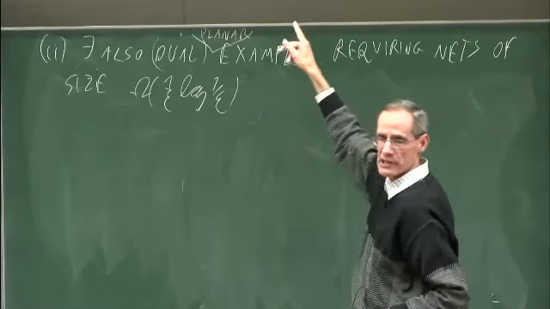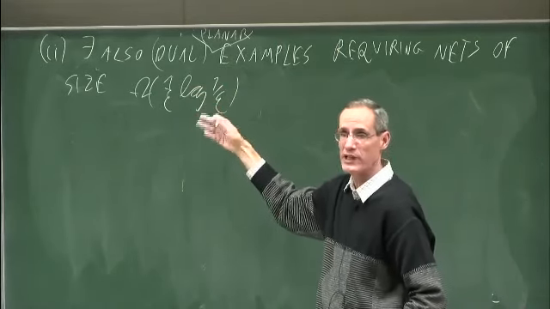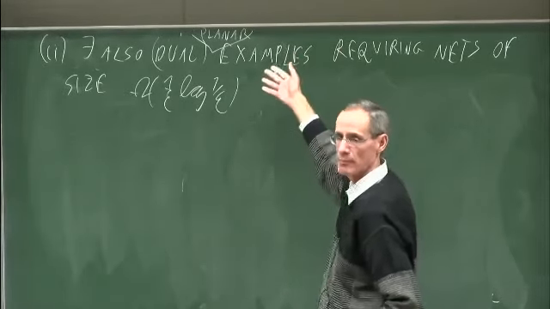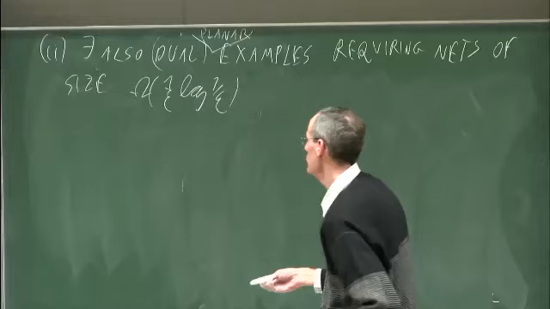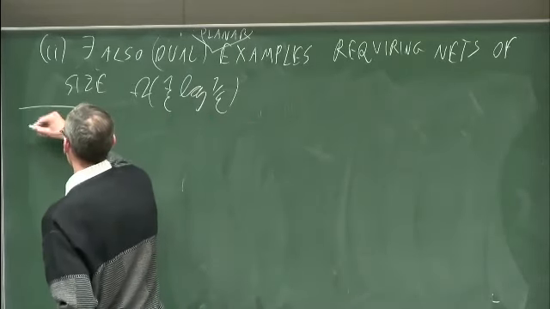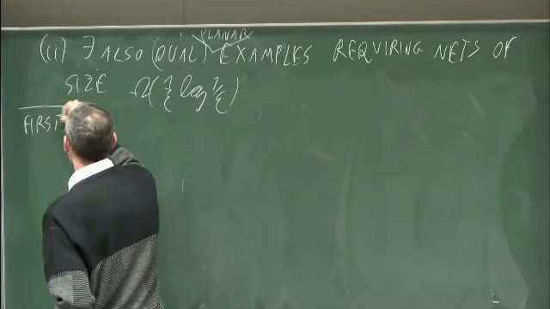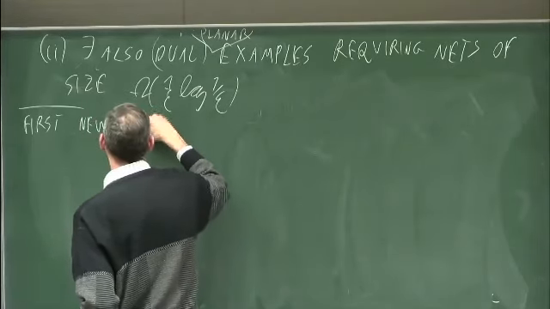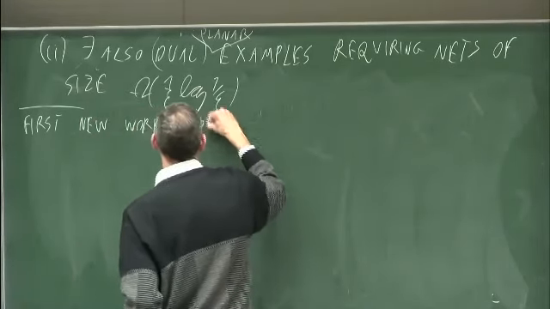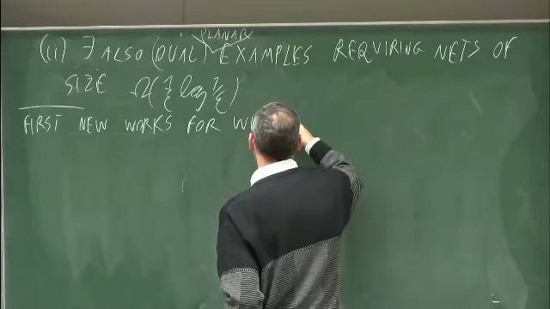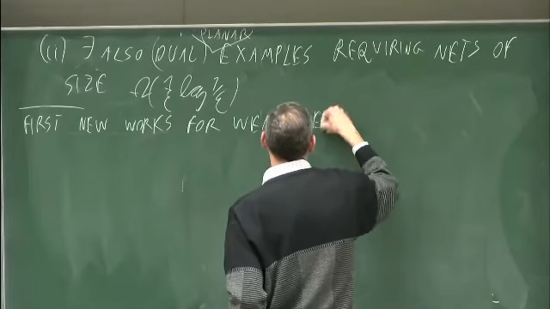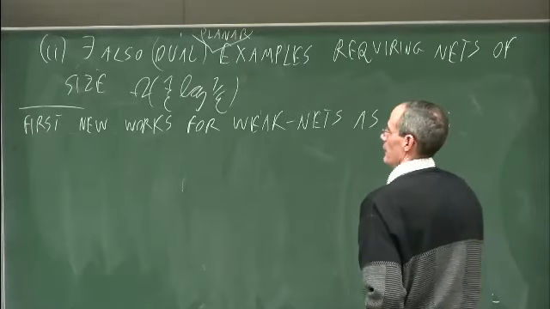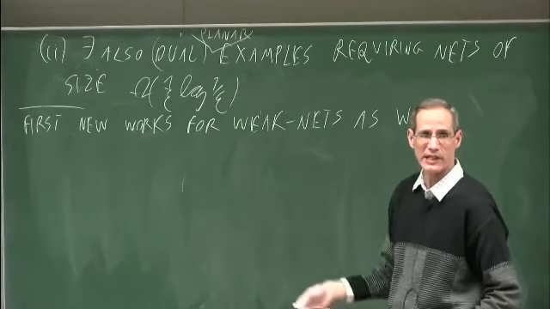The advantage of the first proof is that it works for weak epsilon nets as well, and it seems that these examples do not, or at least we don't know. So let me tell you what a weak epsilon net is.